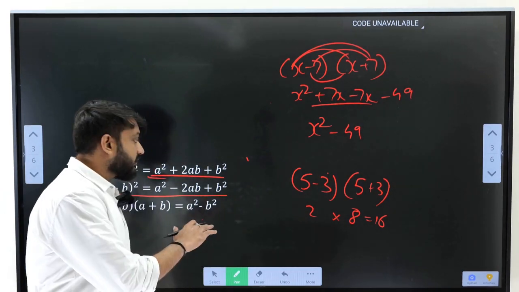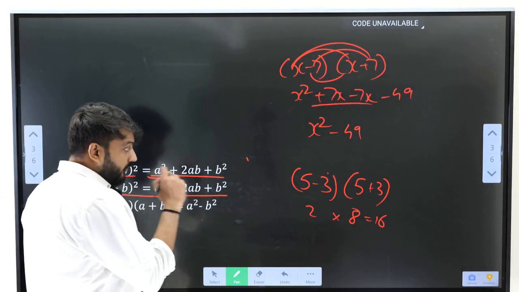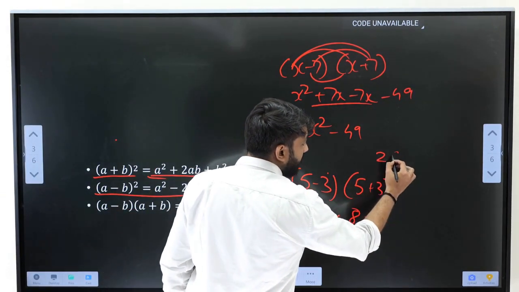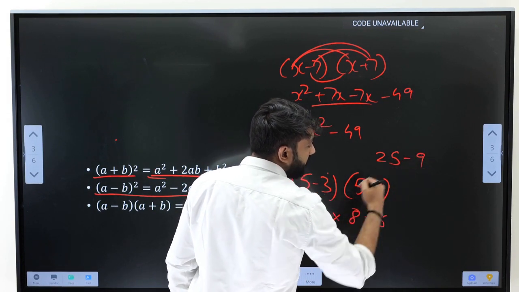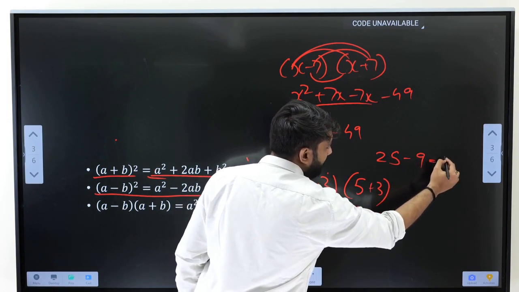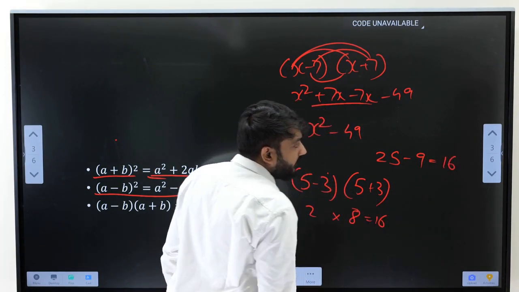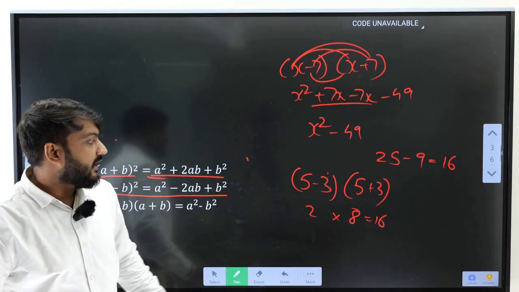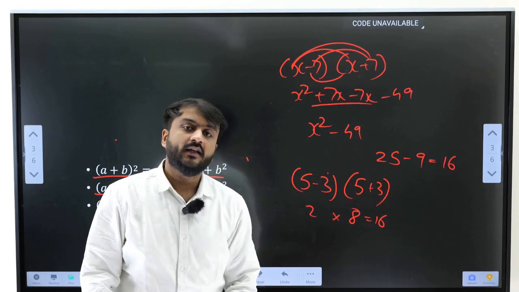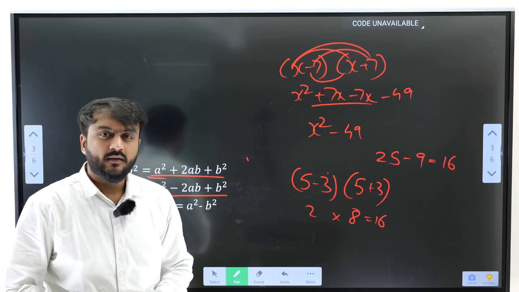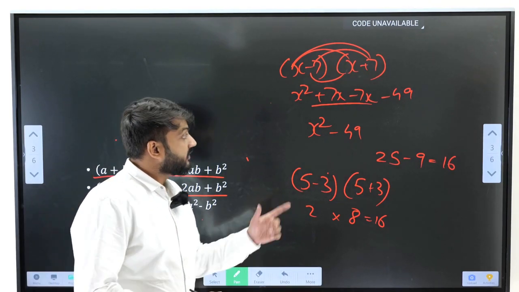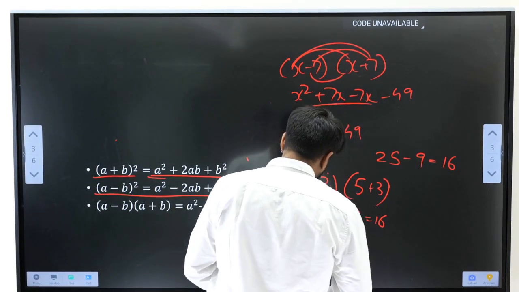But if I were to use this identity, what I would do is square up 5, write down 25, square up 3, write down 9 with a negative sign in between, and then 25 minus 9, simplifying, leads me to 16. So the answer this way or this way is going to be the same, and hence the identities. You can find them pretty useful, especially when variables are involved.